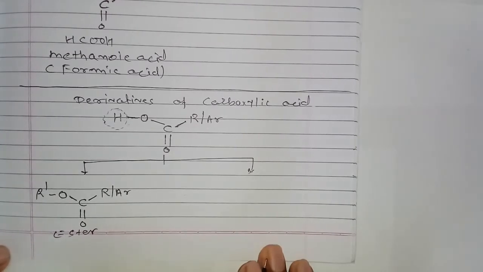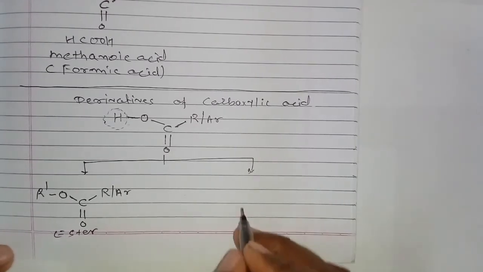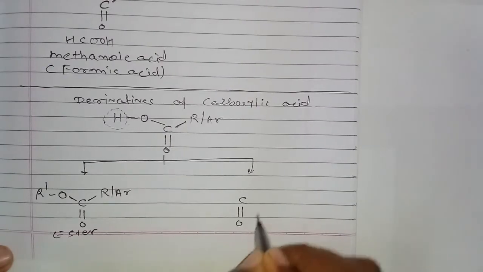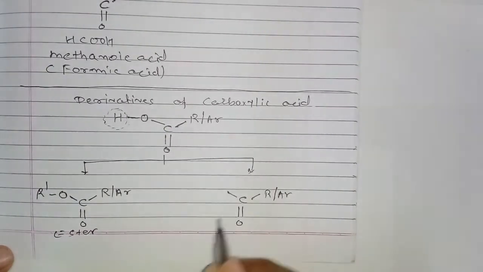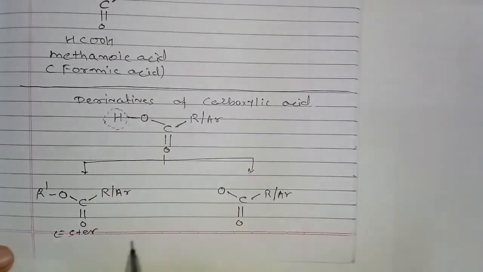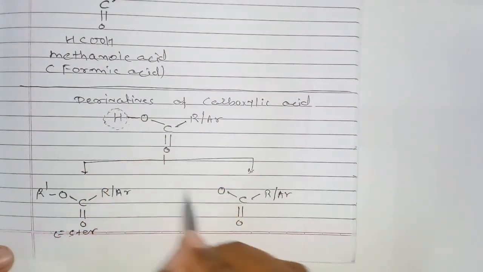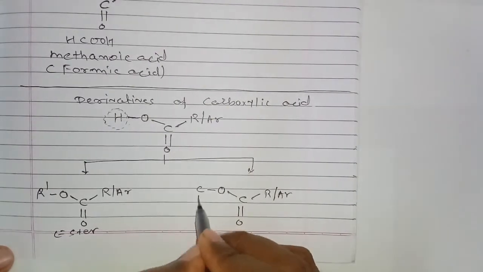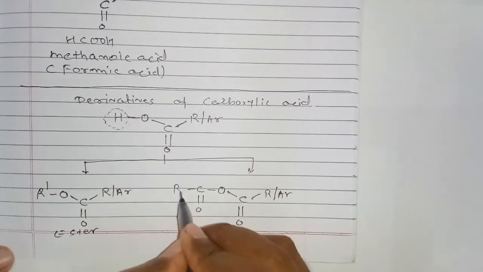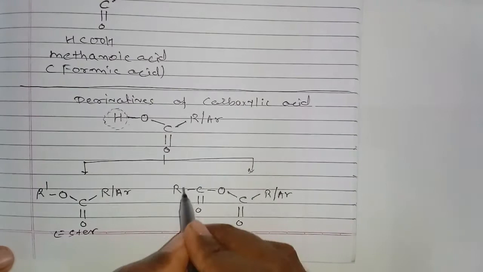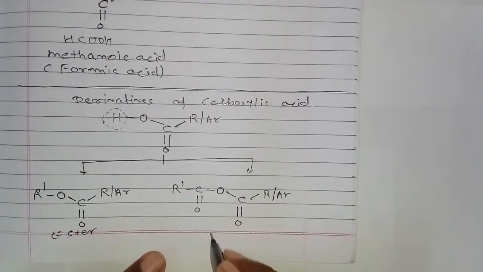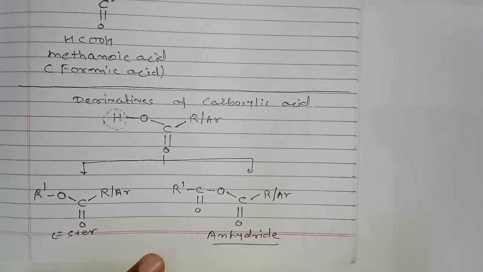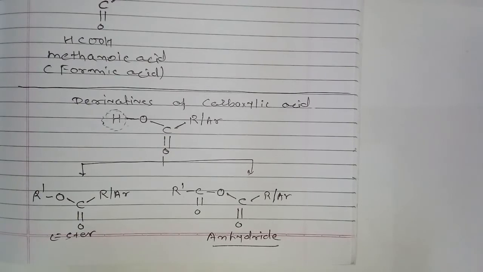and it is called an ester. And the second derivative is formed here: the hydrogen atom is replaced by a COR group, and it is called an anhydride.